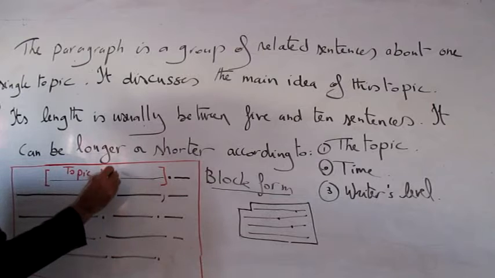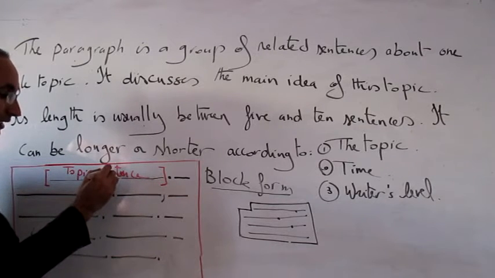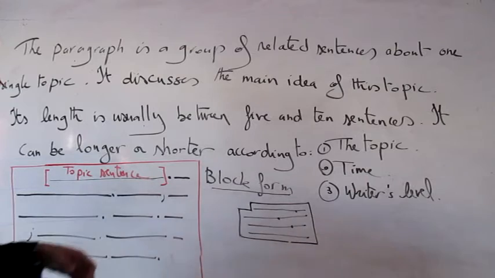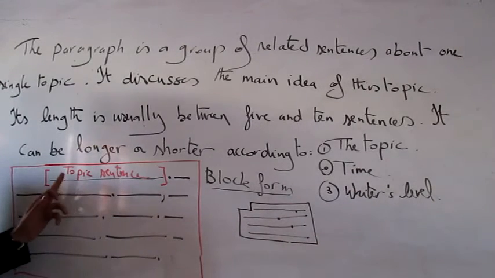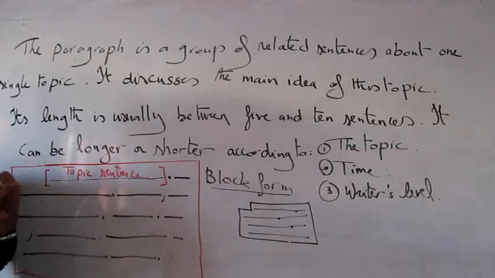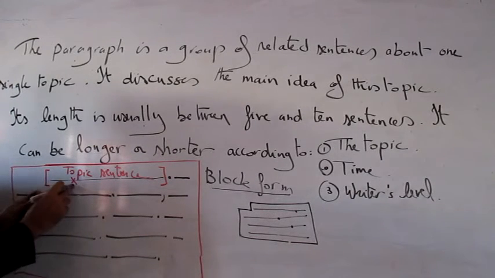Topic sentence. It usually comes at the beginning, initially, but you may find it sometimes in the second position. Good. Now this sentence is meant first to inform, introduce the topic of the paragraph. Drugs, sport, travel.